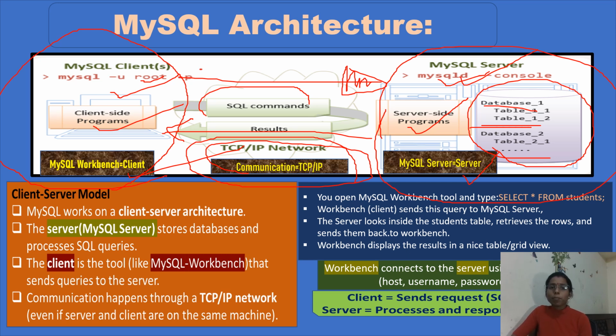On the client side, in MySQL Workbench, we write select all from the table name, like the student table, then a semicolon. Whenever we write that query, it is sent to the MySQL server.